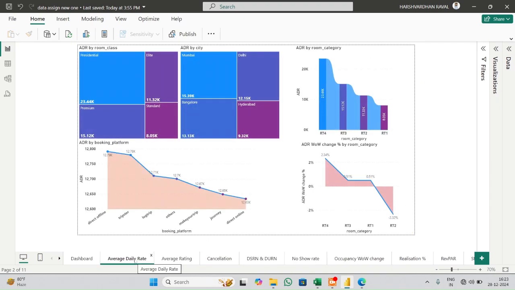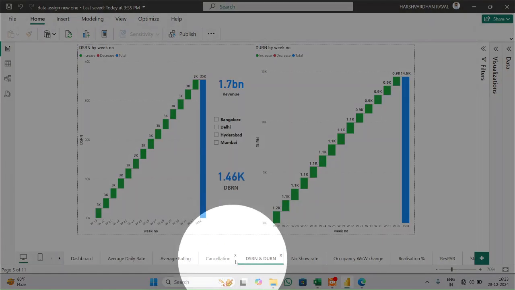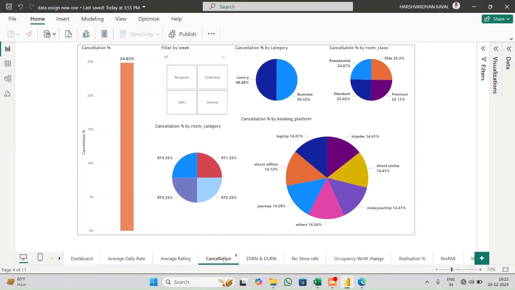We know everything, so we will do this calculation in DSR, daily sellable and daily utilized. Oh, we can see that here 14.5k is there, but available was 35k. Then we should think that okay, cancellation comes into the picture. From this step, we'll go to this step. Cancellation: oh, it is 24.83%.